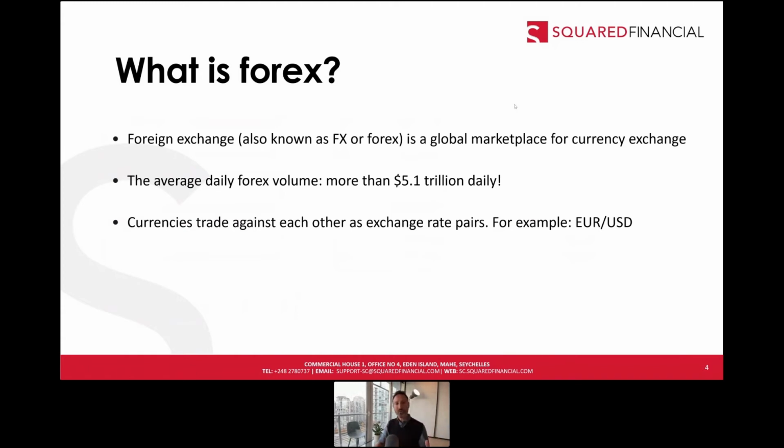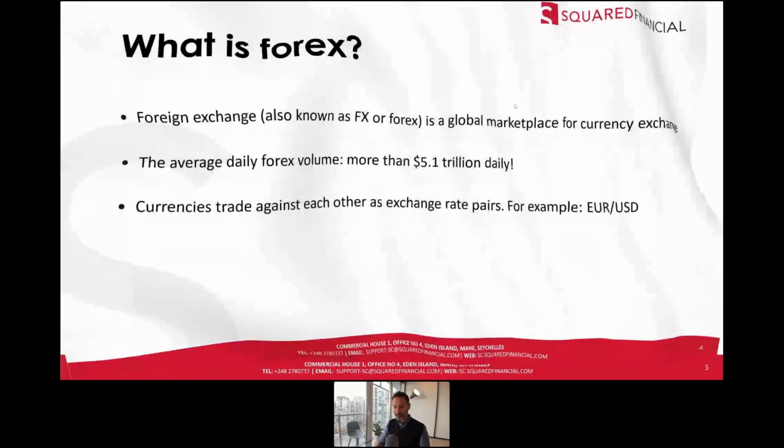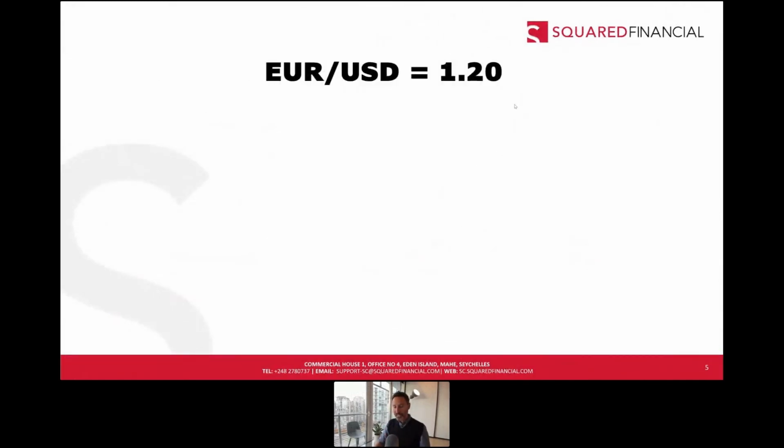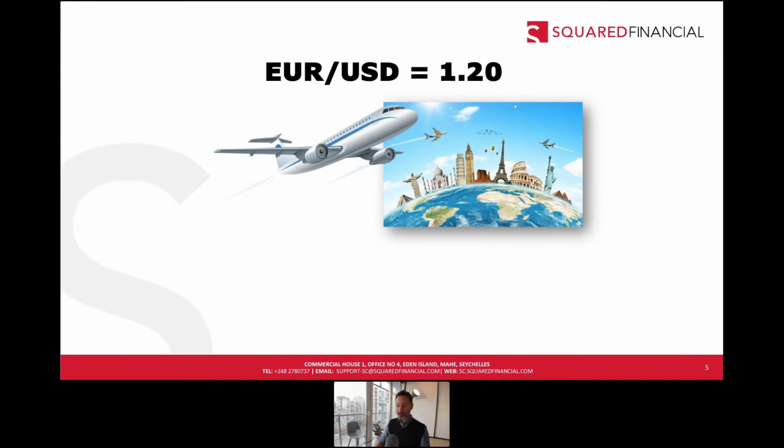So it's like when you want to go on vacation. Let's say you live in America, you're going to Europe on vacation, you need euros, right? You go to the foreign exchange office because you need some cash in order to go to Europe. And the exchange office tells you, for example, that the Euro over USD is equal to 1.20.